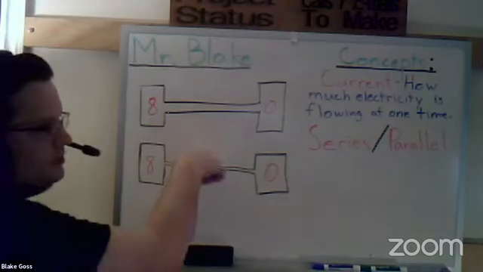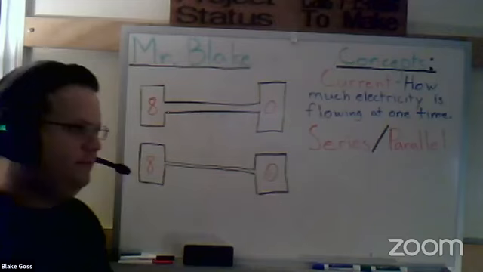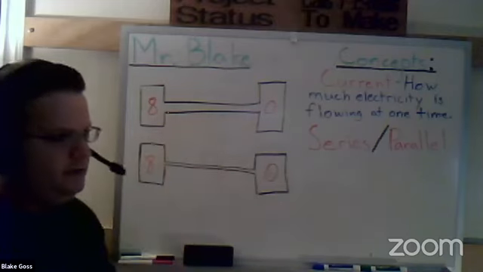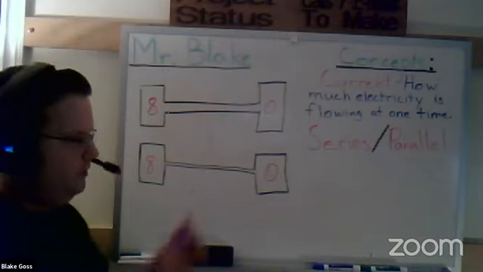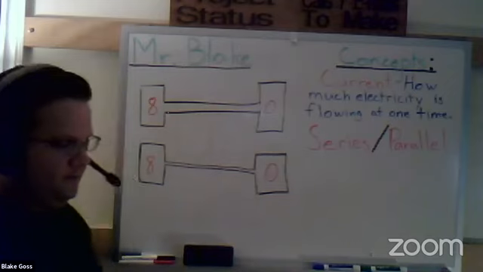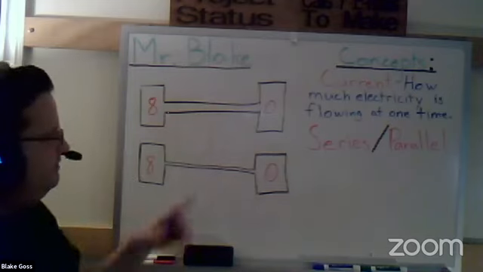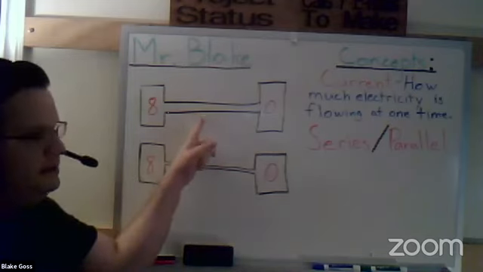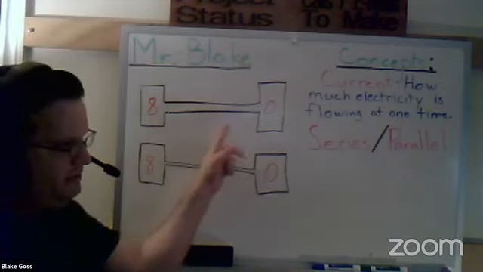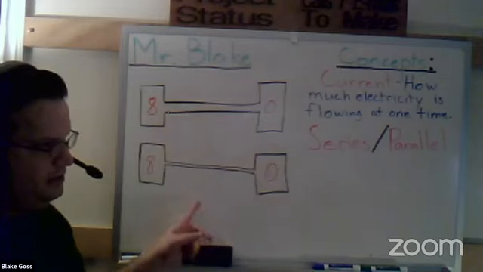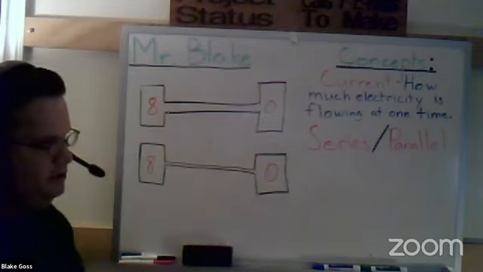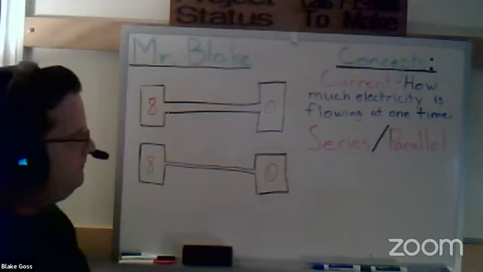Now looking at these 2 things, which of them is going to have the electricity even out sooner? What do you think? The one with the bigger pipe or the one with the smaller pipe? So you guys have probably said that this bigger pipe is going to empty out, well, not empty out, but even out first. And the smaller one, where less is flowing at once, it's going to take longer to do that, right? You guys see that?